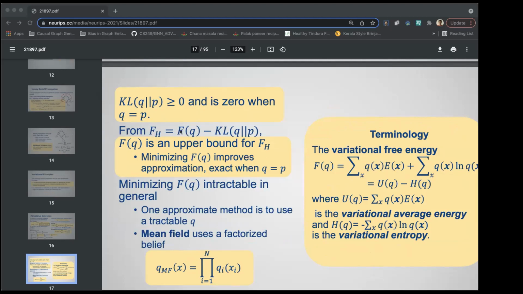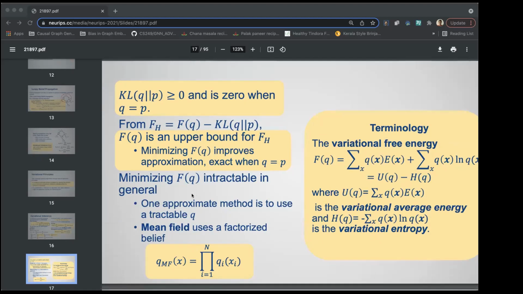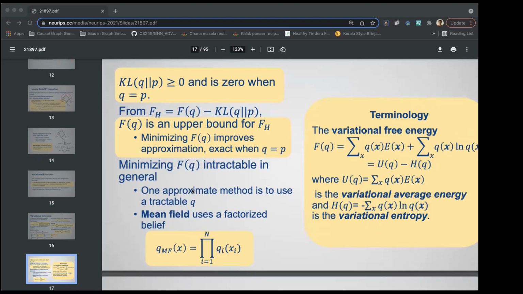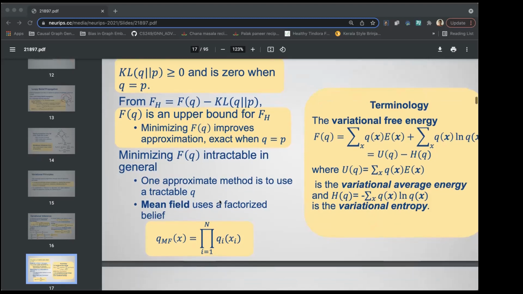So minimizing the variational free energy of an arbitrary belief Q improves approximation, and it's exact when Q is equal to P. And minimizing F of Q, unfortunately, is intractable in general, but we can use approximate methods to find a tractable Q and then use that approximation to minimize this variational free energy.